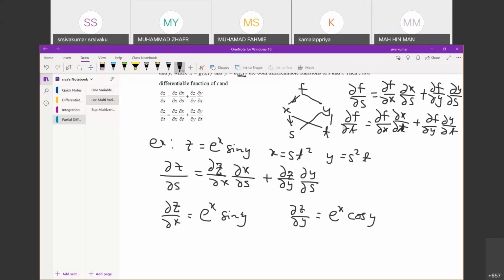Now next, what about del x to del s? Look at this. Now your concentration is only on S. Don't look at the T. Just look at this one. When I differentiate that, I get a 1 for this. Therefore, my answer is t squared. Very straightforward, right?